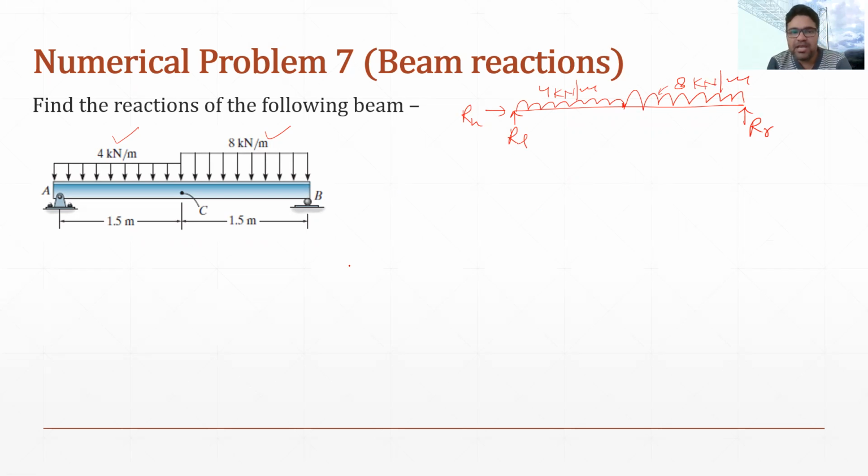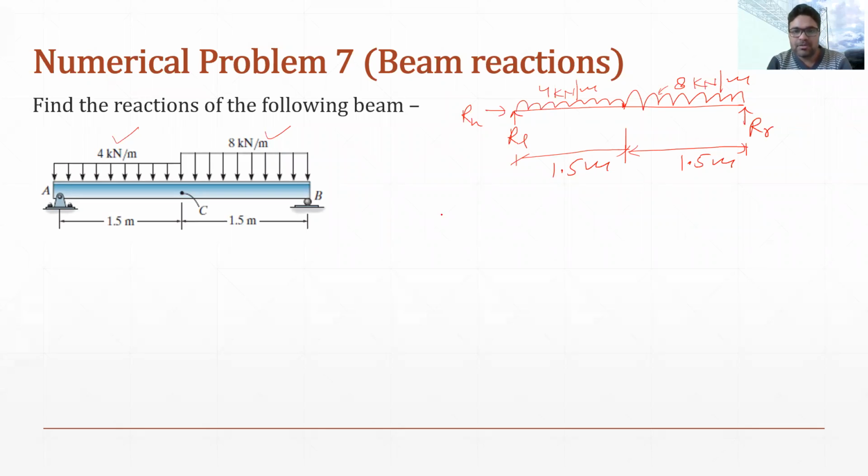So in this case, we have to find out the reactions. This distance is 1.5 meter and this is also 1.5 meter.